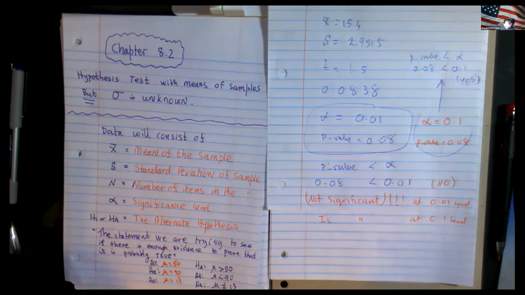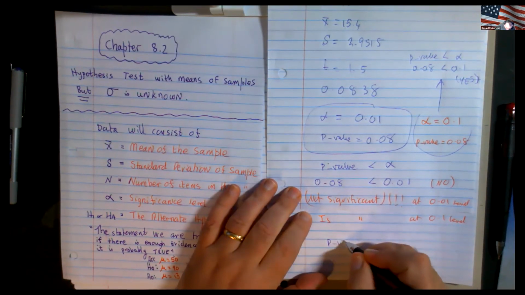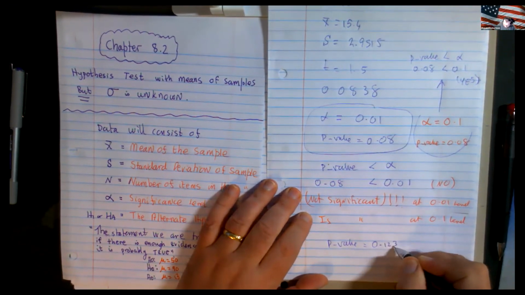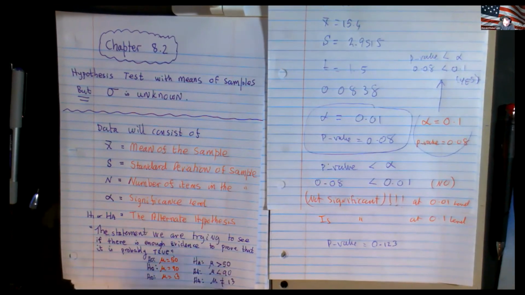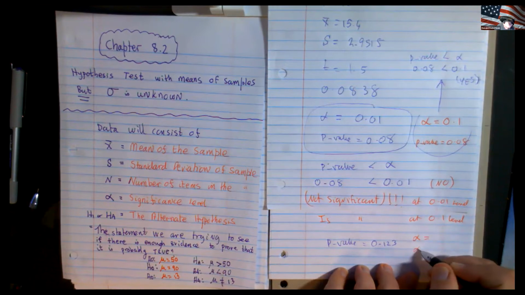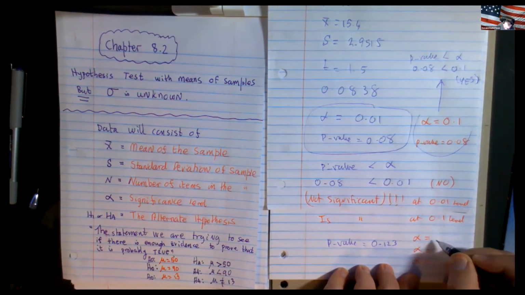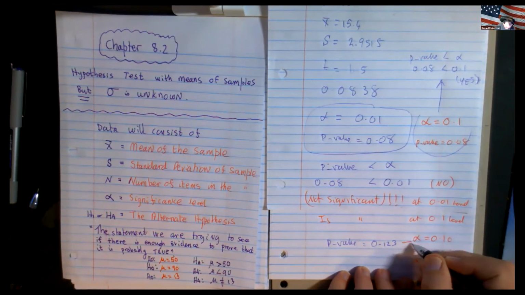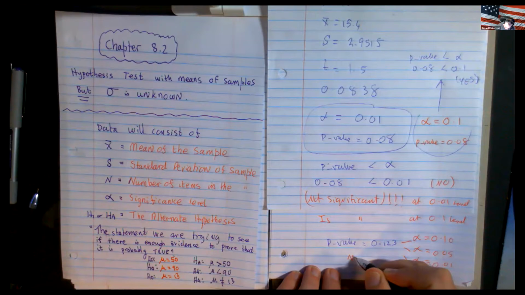On the other hand, suppose the p-value was 0.123. It doesn't matter which of the three standard significance levels I pick. I could pick 0.1, 0.05, or even 0.01. Won't the answer be no every single time?